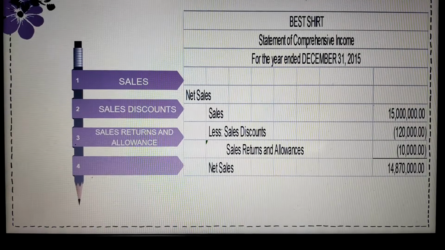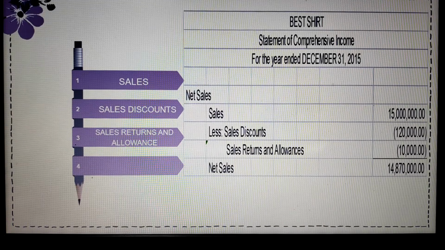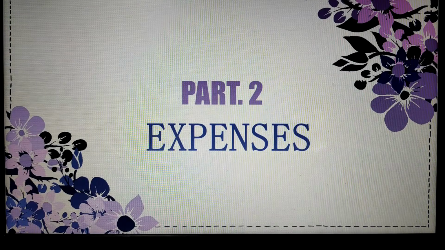Okay, so muna siya ang formula when you get the net sales: sales less sales discounts and sales returns and allowances. So you will further understand the process when we get into the preparation of the statement of comprehensive income multi-step. We proceed to the expenses.